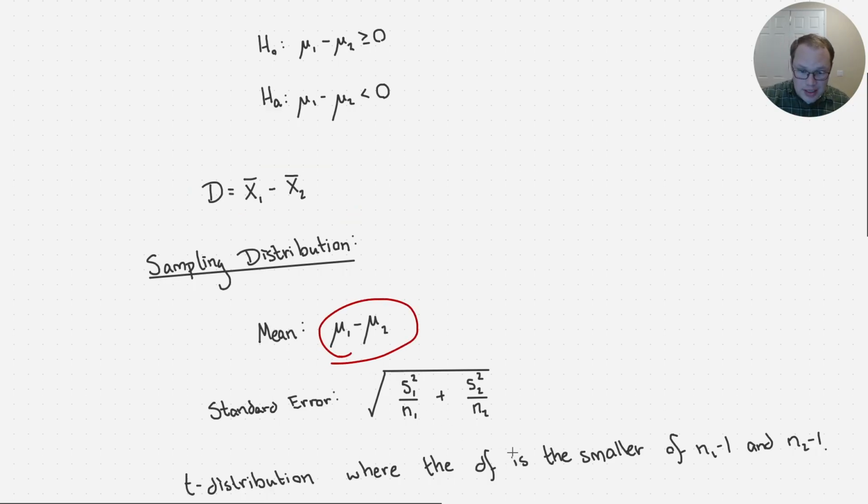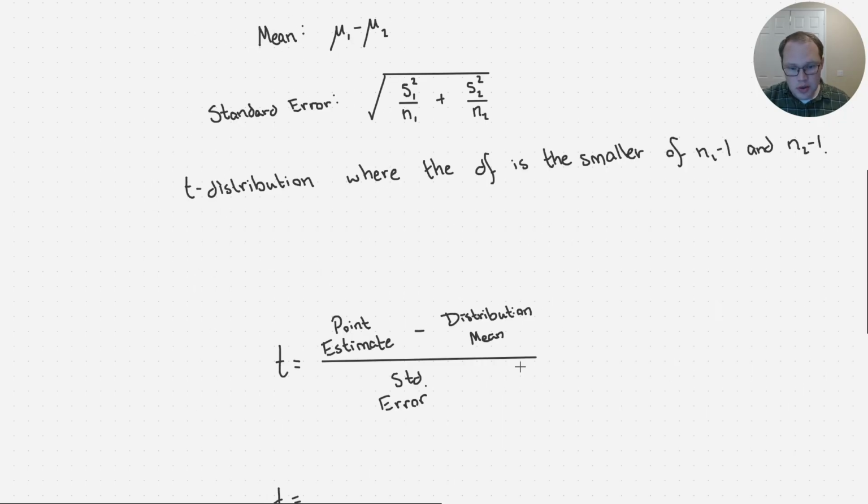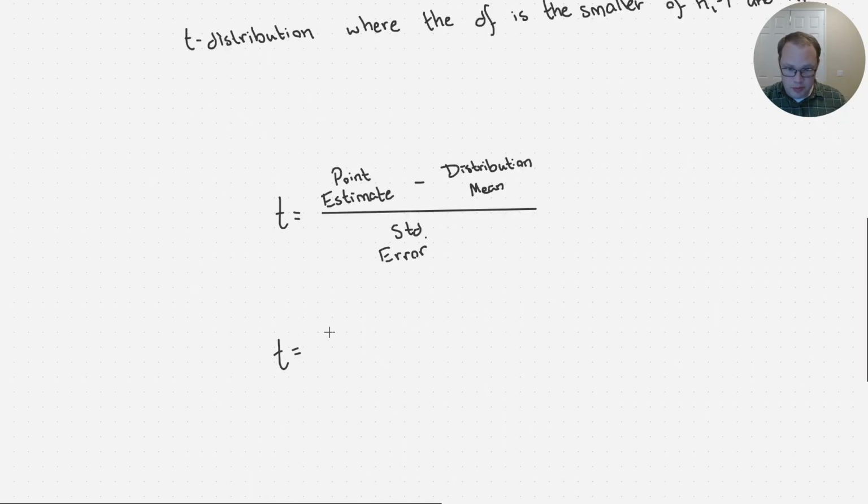We want our point estimate to estimate mu1 minus mu2. So the point estimate for mu1 is the sample mean from the first sample. The point estimate of the population mean from the second population is the sample mean from the second sample.